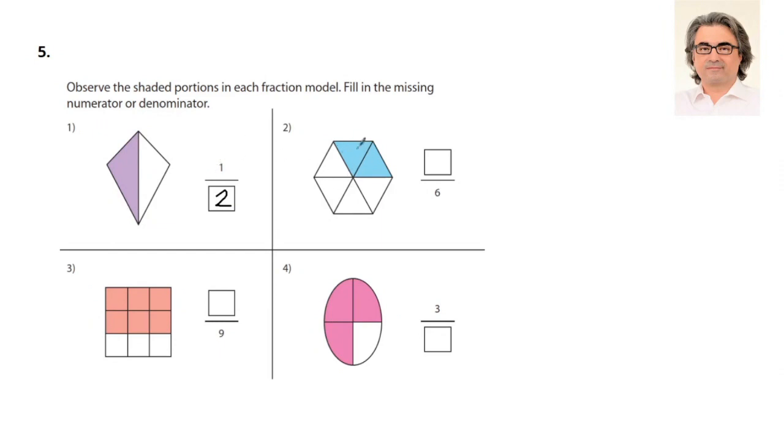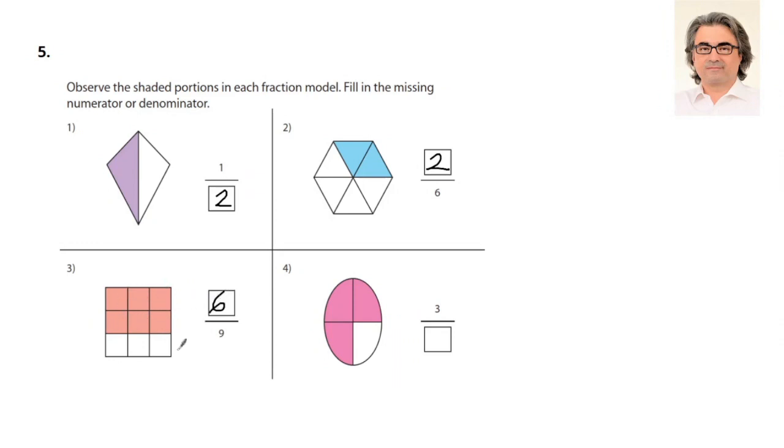What about this? I have 2 shaded regions, so I should write 2 on the numerator, and the denominator is 6, given as the number of equal pieces of the whole. What about this? The numerator is unknown, so I should count the number of shaded equal pieces. 1, 2, 3, 4, 5, 6.